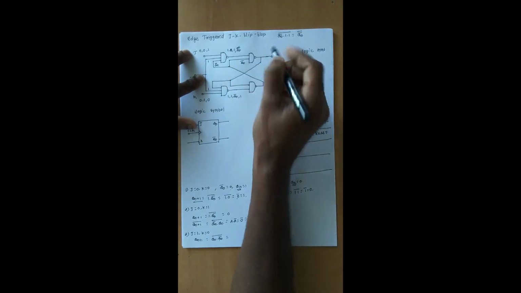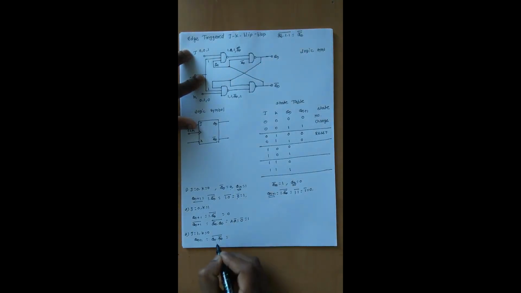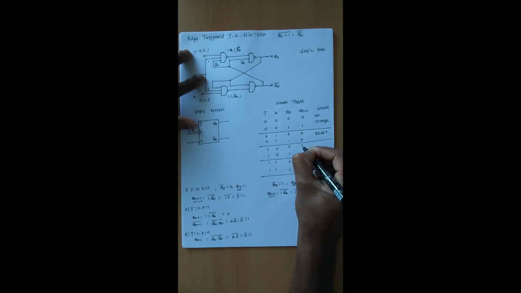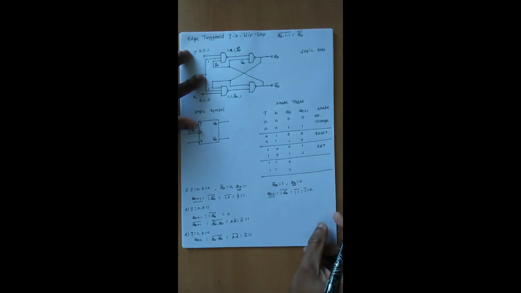So this will produce this value. So A into A bar and its whole bar: A into A bar becomes 0 and 0 bar becomes 1. So at J is equal to 1, K is equal to 0, the next state output is always 1, and this condition of the flip-flop is called the set condition of the flip-flop.